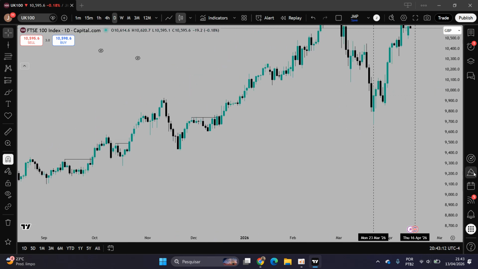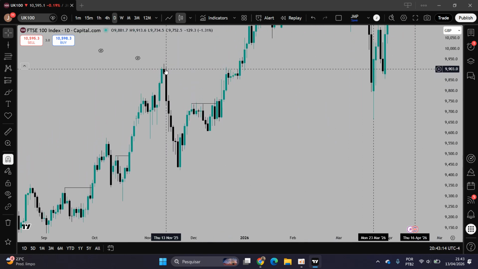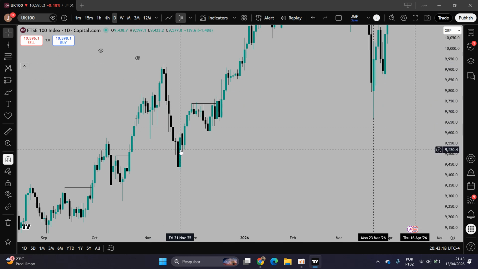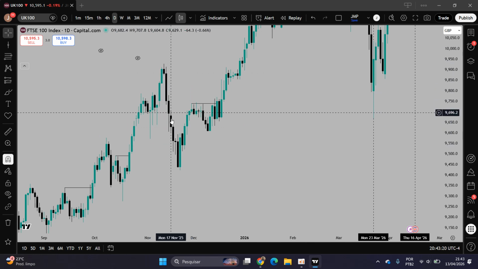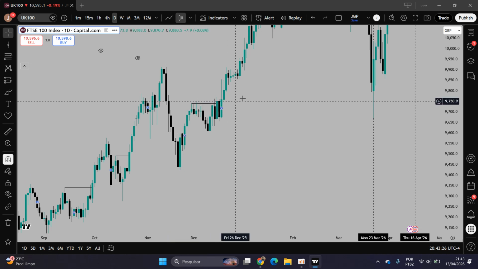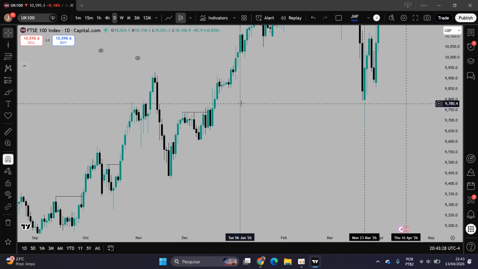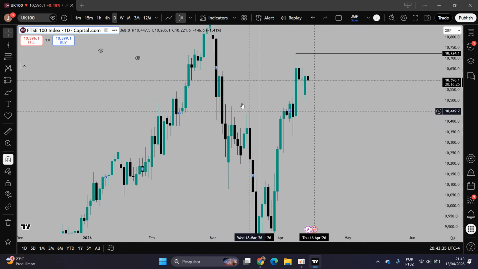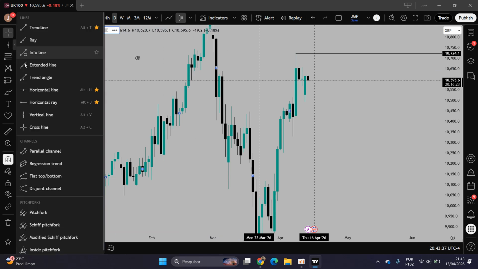Because as you guys can see right here, we don't got any type of liquidity. Of course, we got liquidity above the highs of those candles, and there is liquidity all over the market, but we don't got this type of liquidity right here.